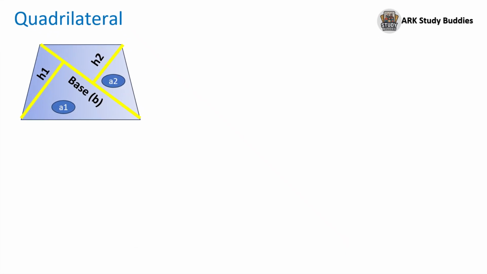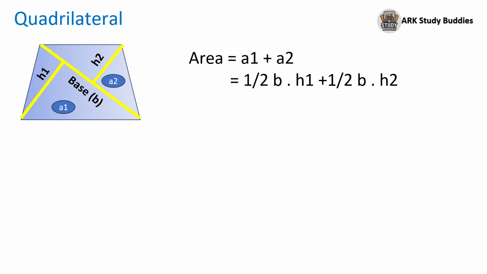Let's learn about quadrilateral. In a quadrilateral, the lines are not parallel. At that time, there will be two different triangles, A1 and A2. So let's learn the area of a quadrilateral.